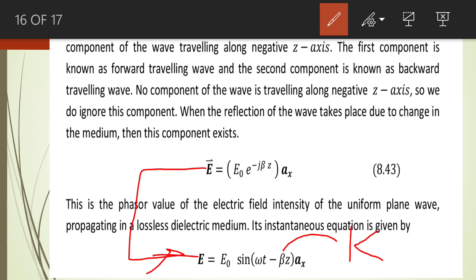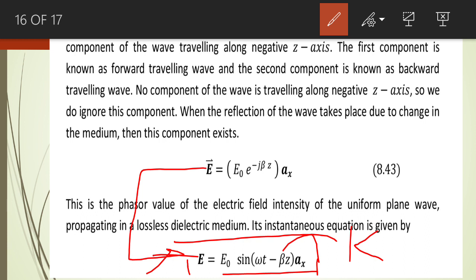This is a very humble request, right? So the instantaneous value of the electric field intensity will be equal to E naught into sine of omega t minus kz multiplied by ax. This is the instantaneous value of the electric field intensity of the uniform plane wave in a lossless dielectric medium.